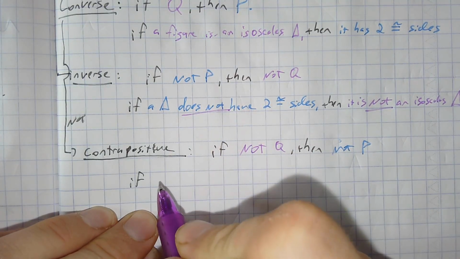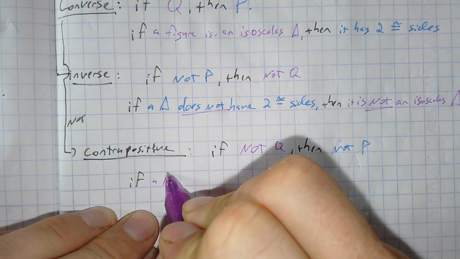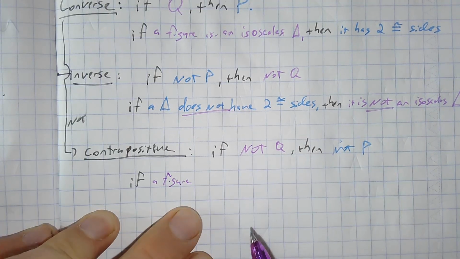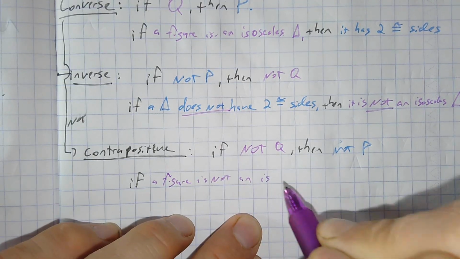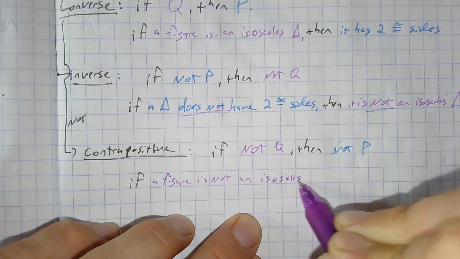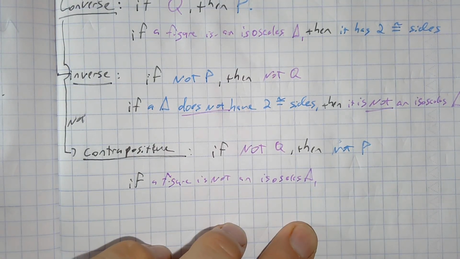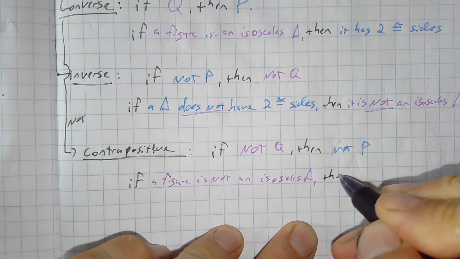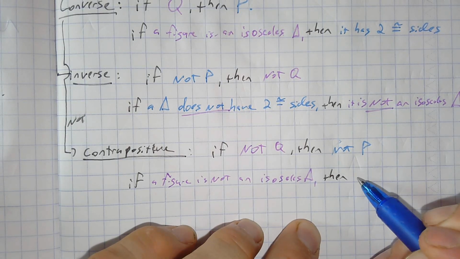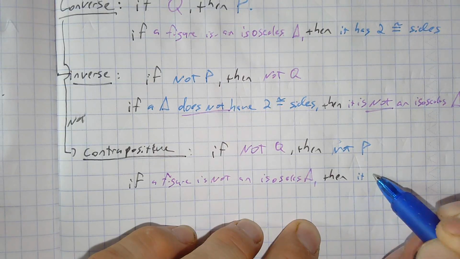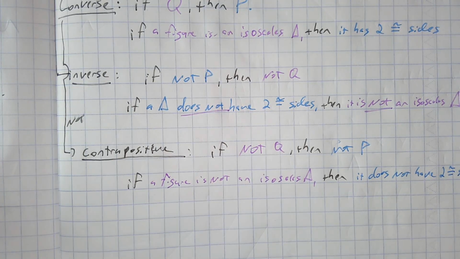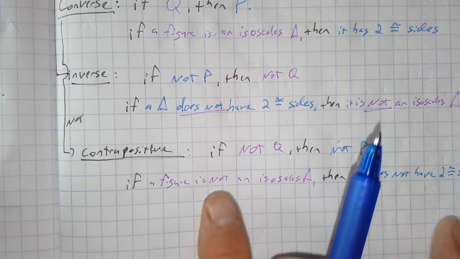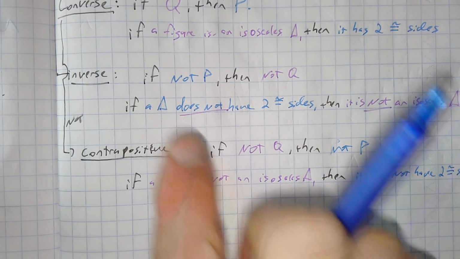So if a figure is not an isosceles triangle, then it does not have two congruent sides. Okay, so that's a contrapositive. It is just the converse of the inverse.